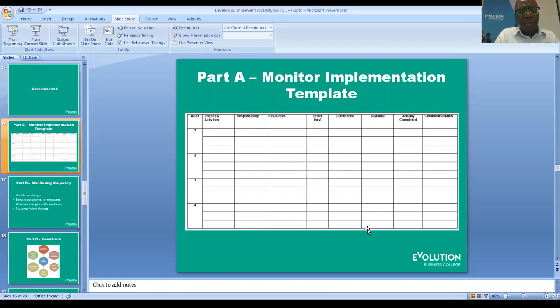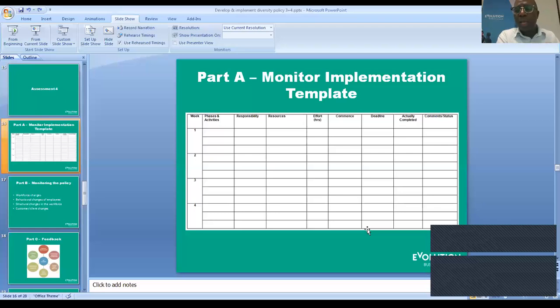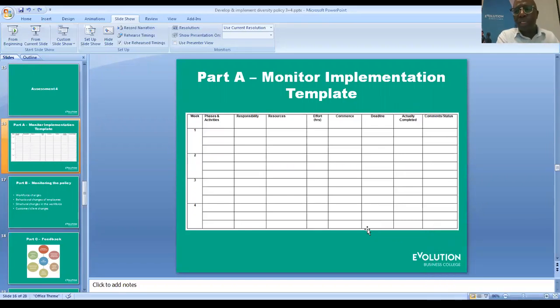This template helps you to put into perspective your activities, your actions, when you're going to do them, and what resources you require. So in week 1, you might say, okay, I'm drafting the policy. After drafting it, maybe I'm reading it out to the heads of department. Whose responsibility is that? If it's an HR department, maybe it's the head of HR who's doing it.